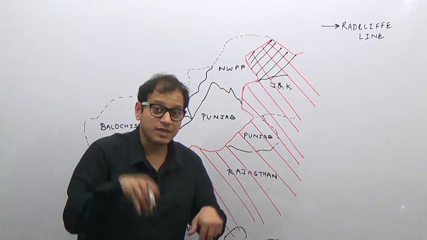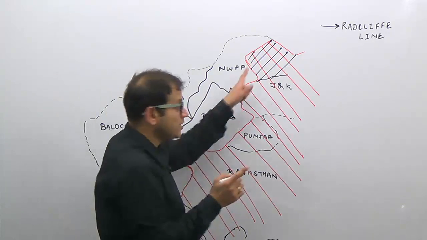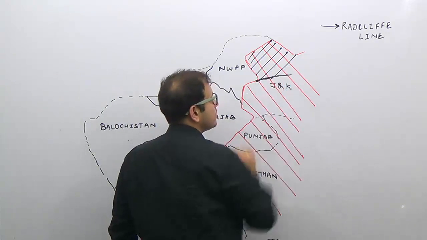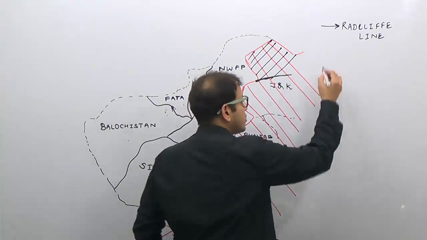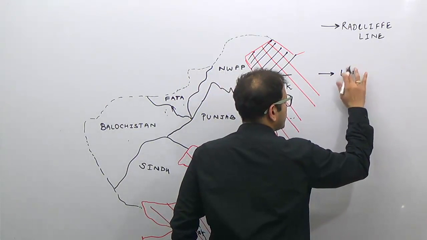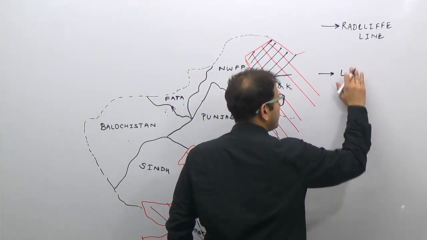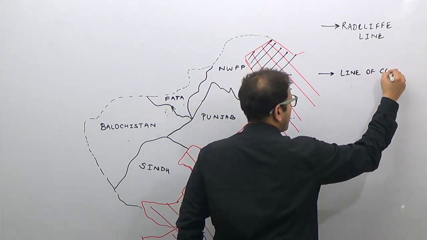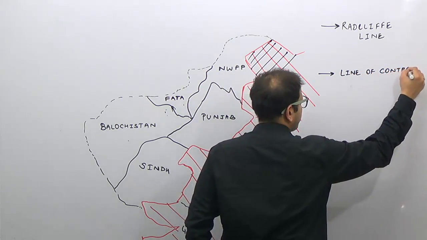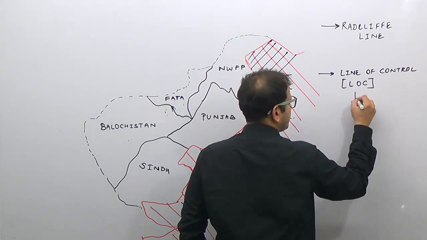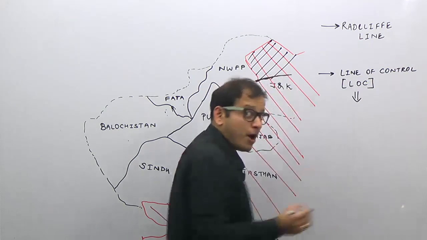So as of today, the effective border in the state of Jammu and Kashmir is according to this black line. This border is known as the Line of Control, or the LOC.